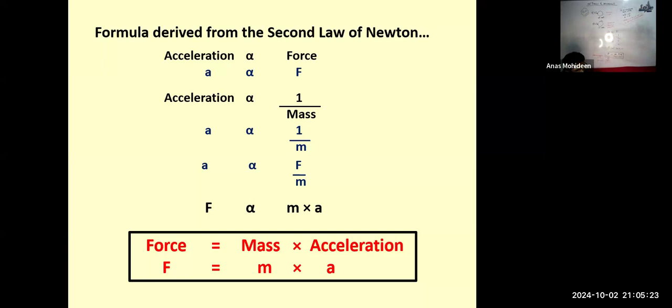Kilograms meters per square second is the fundamental unit of force because of kg into m/s², and the SI unit, the standard international unit, is Newton. So 1 kilogram meters per square second is equal to 1 Newton. This is the idea we are doing. So that is the theory here. Could you write this down, please?